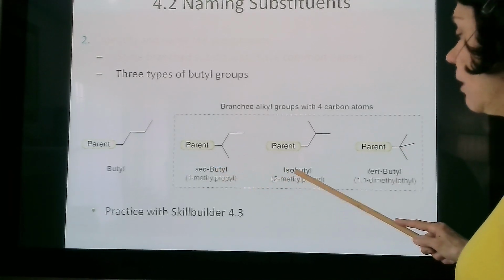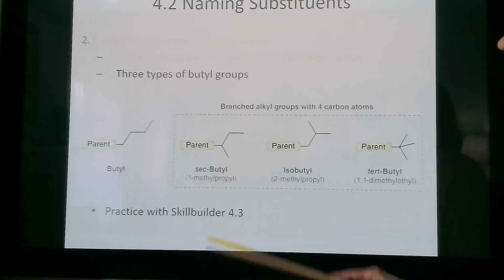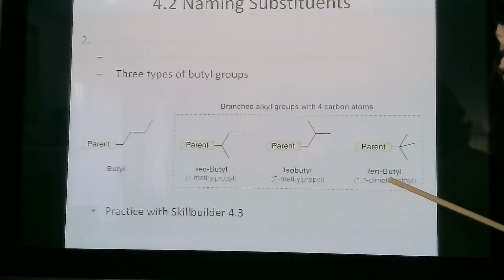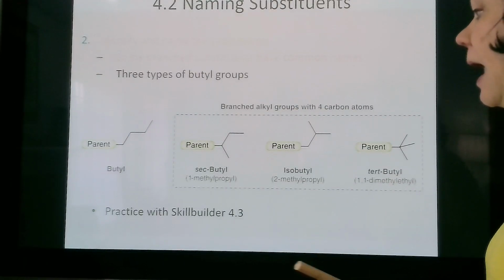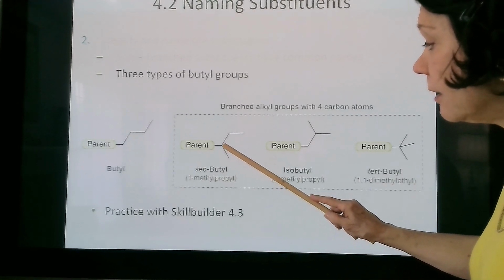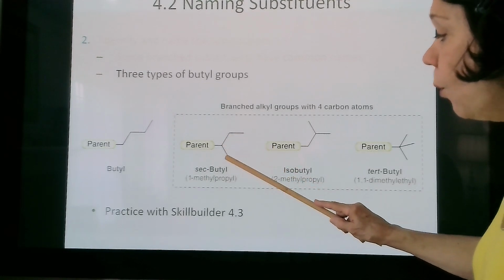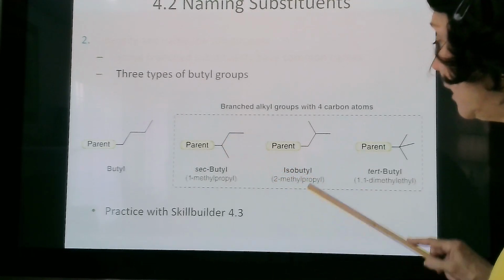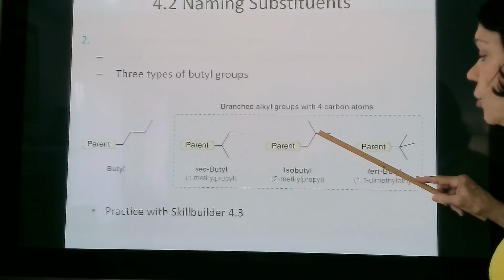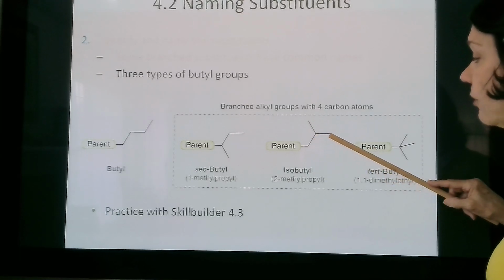So sec-butyl, isobutyl, tert-butyl, those are all three common names, and these are the IUPAC names for the alkyl groups. So this is 1-methyl, because the methyl is attached to the 1 carbon atom, 1, 2, 3, 1-methylpropyl. Here, this is a methyl attached to the 2 carbon, 1, 2. So this is 2-methylpropyl.